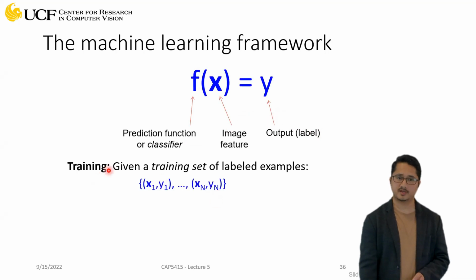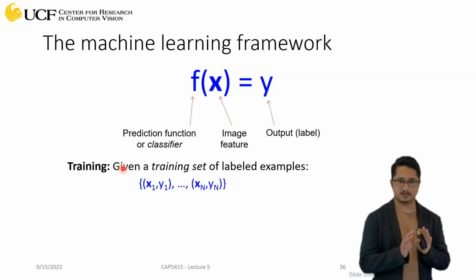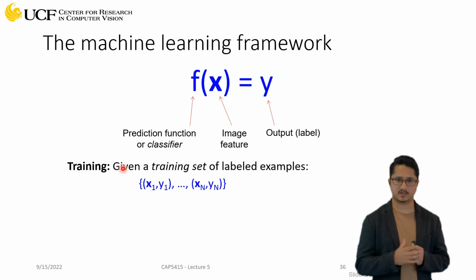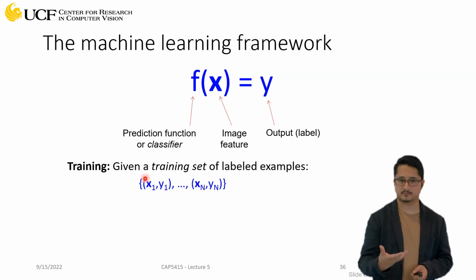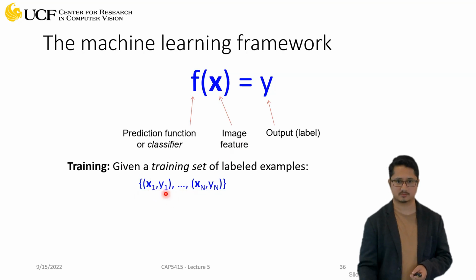Okay, so the training phase is, as we discussed, in the training set you have a lot of images and you will have labels for those images. So you can describe your training set as this set here, where x1 to xn is your set of images, all right? And these could also be features if you are using local features. Then for each image, you will have some kind of ground truth or annotation.